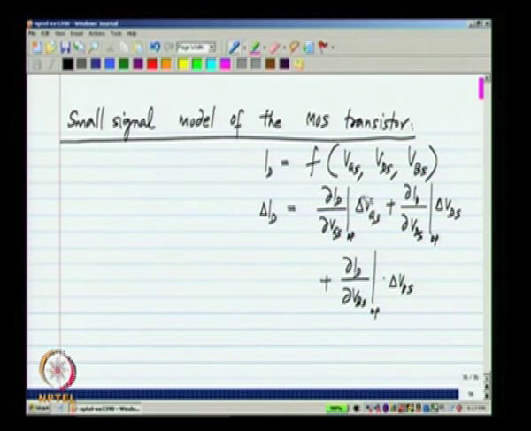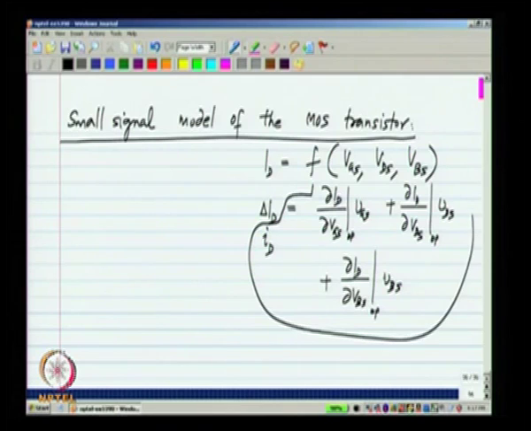Now, it is common to denote changes by lowercase letters, which is what I am going to do from here onwards. This is vgs, vds and vbs, and this could be represented instead of delta ID as lowercase id. Okay.